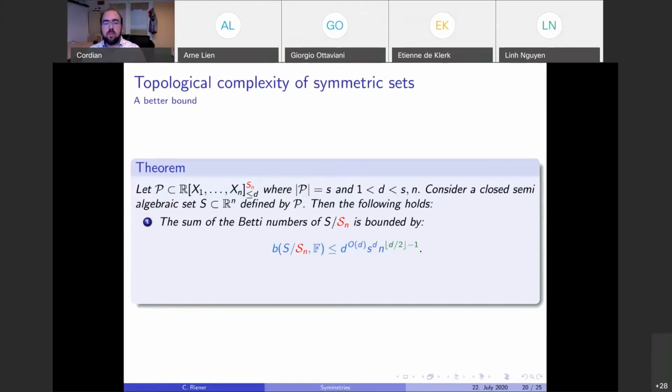To really define this is a little bit hard now, but just think about it as counting points up to symmetry here. Then this is a quantity that is bounded, again, d and s are fixed.